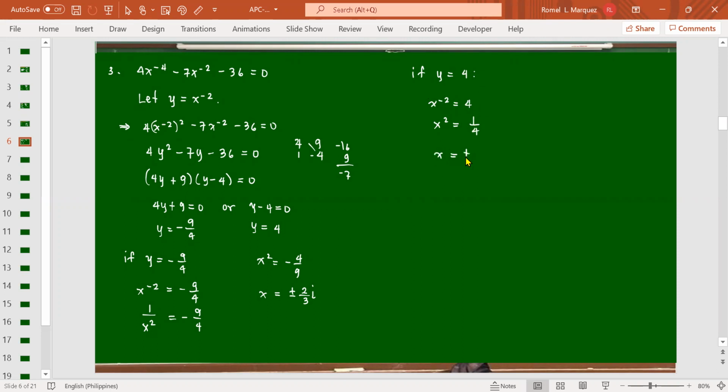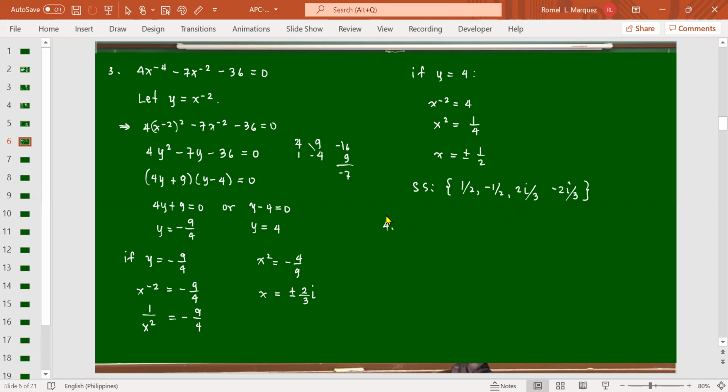Therefore, x is plus or minus 1/2. So there are 2 real roots and there are 2 imaginary roots. So the solution set, we have 1/2, negative 1/2, 2/3 i, negative 2/3 i. Okay? Any question with this?